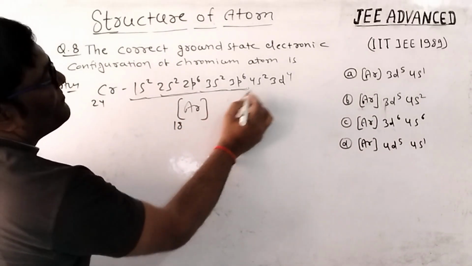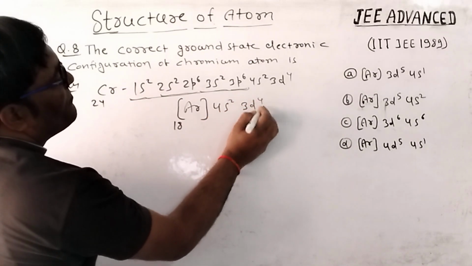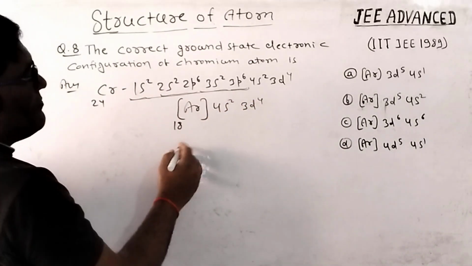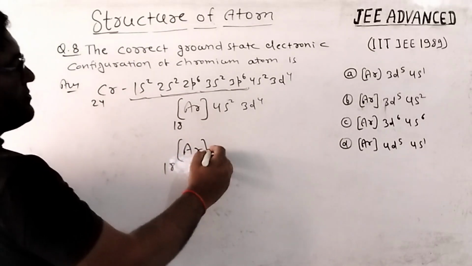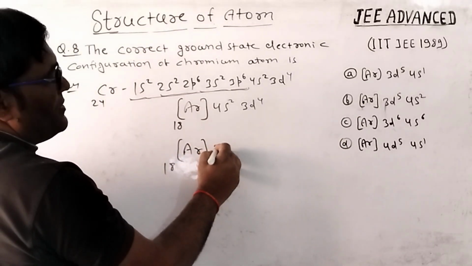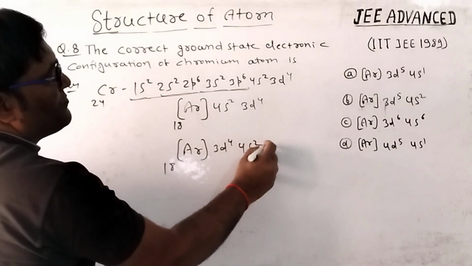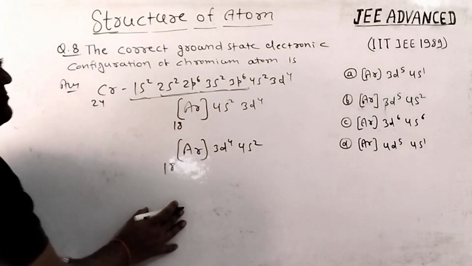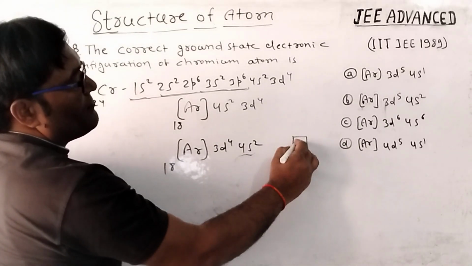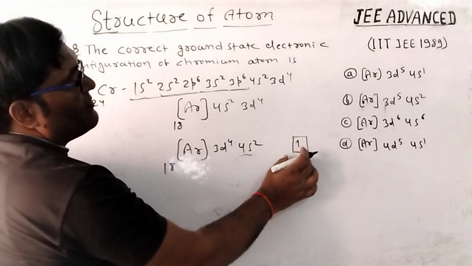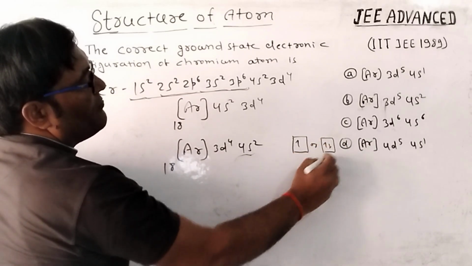After that 4s2 and 3d4. Okay. Now we can also write 3d4 and 4s2. Now we can observe last shell is completely stable because s is stable whenever it is completely half filled or completely full filled.